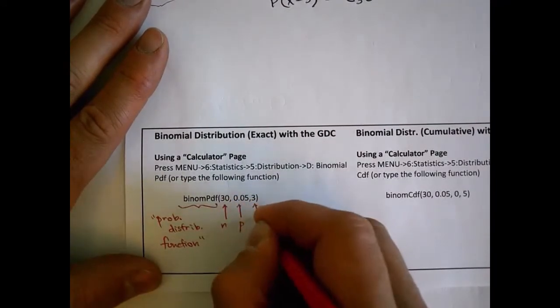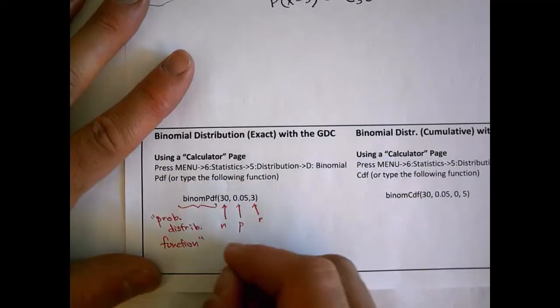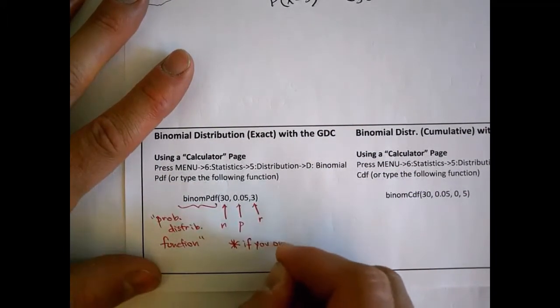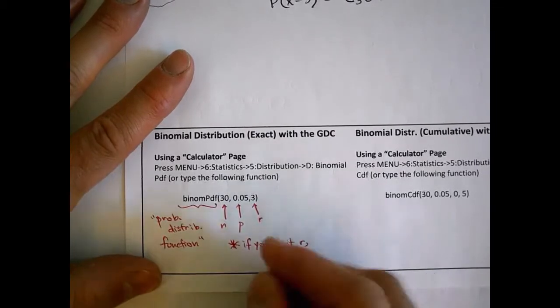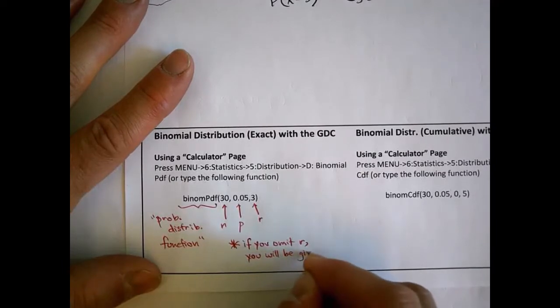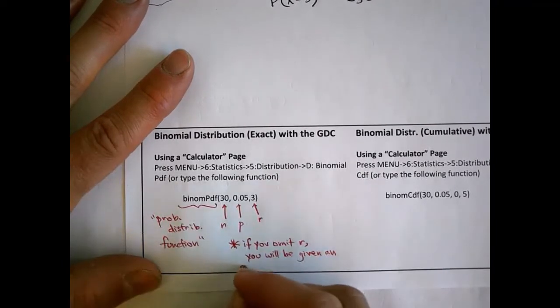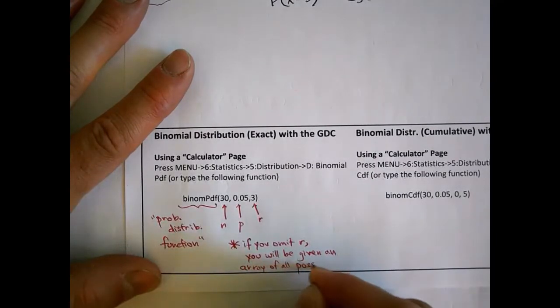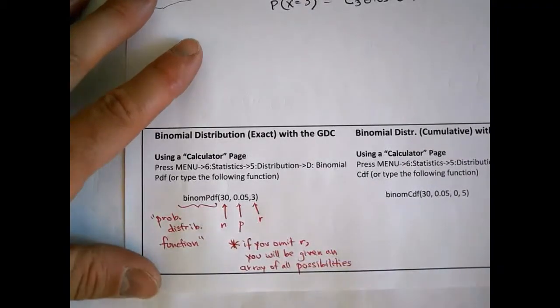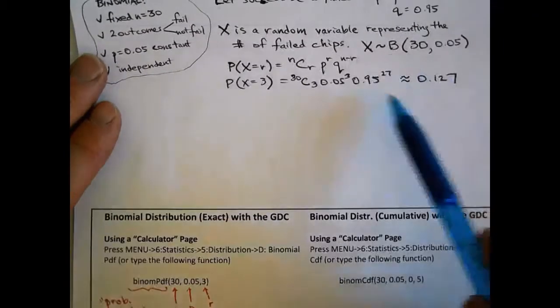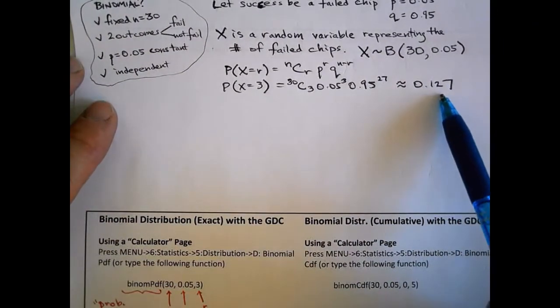And then of course, what is r? As I showed you, if you omit r, you will be given an array of all possibilities. So you can see we've got the exact same value, 0.127, when we use the GDC.